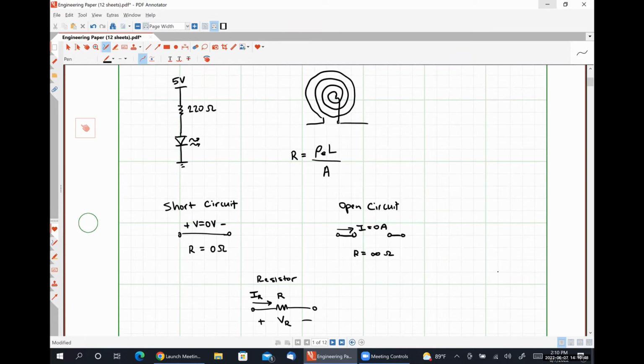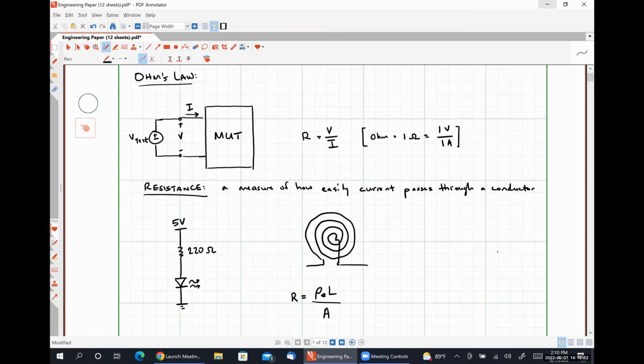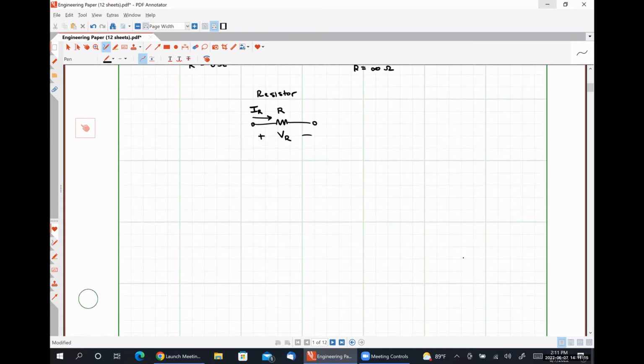If we look back here at our original expression, George Simon Ohm decided that the ratio of voltage and current, expressed as we have here, would be called resistance. Well, we can actually express the ratio of voltage and current in a slightly different way, which we will call conductance.